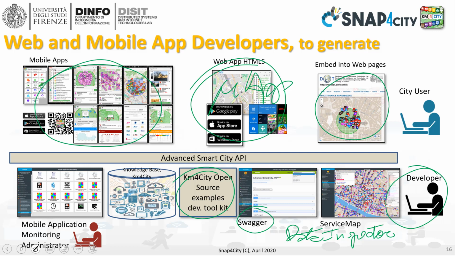There is also a set of tools for the administrators of the mobile app that allow you to control what is going on in the mobile app, how the people move, origin-destination matrices, flows, questionnaires, answers, or engagement that you can send to your user using the mobile app.